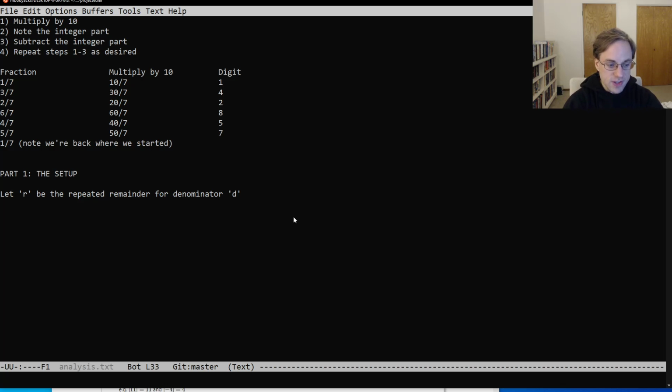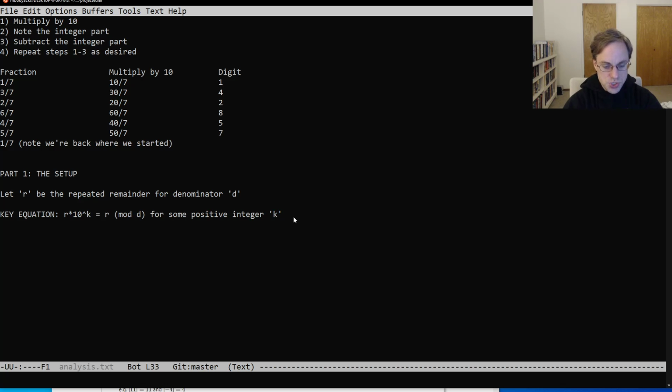And so this allows us to write this key equation, which is r times 10 to the k is congruent to r mod d for some positive integer k. Now, if you're not familiar with modular arithmetic, this is just saying that if we take r times 10 to the k and divide by d and take the remainder, we get back our original remainder r.